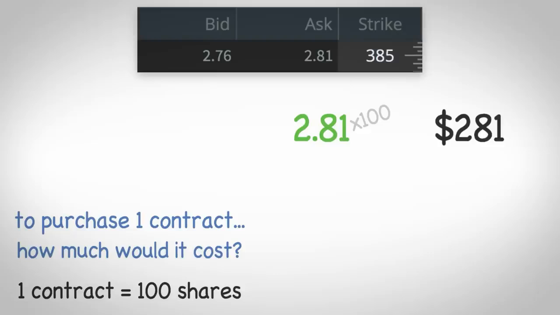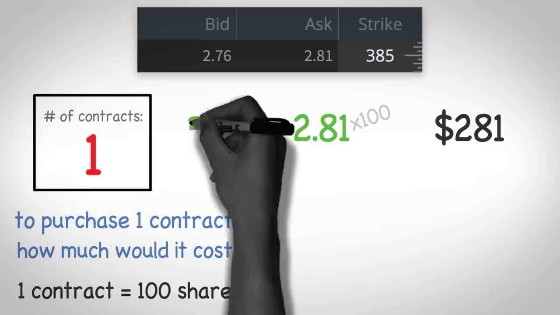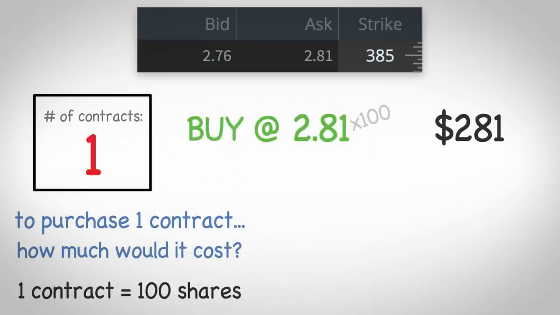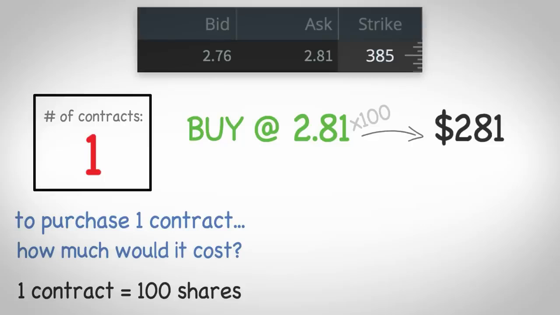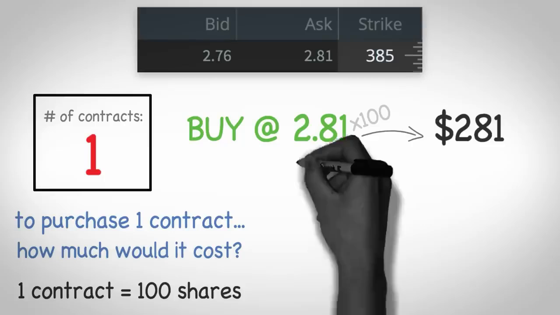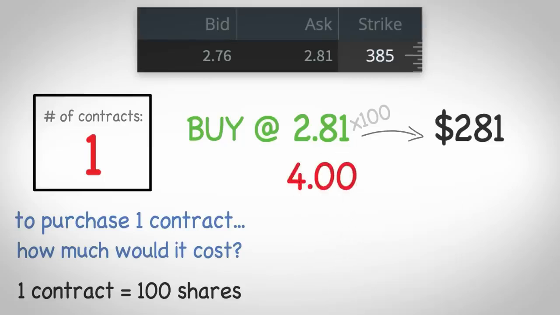But for this example, let's just say we bought one contract of this call option at $281. So we actually paid $281. And over the next week or so, let's say the option's price goes from $281 up to $4. Now, just like trading any asset, we constantly have to make decisions about when to sell, and we could of course hold this and hope it goes higher, but let's assume that we have decided to sell this option and take our profit.